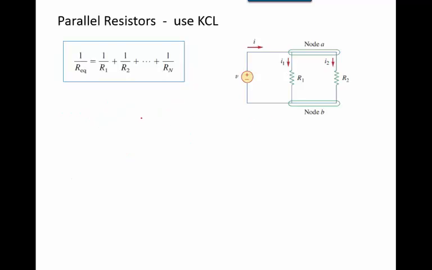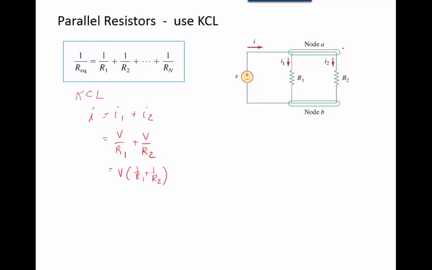Resistors in parallel obey this equation. It's a result of KCL. Surprise, surprise. So here the book nicely put the voltage source on there. So there's one total I going out, I1, I2. So I say I equals I1 plus I2, which equals V over R1 plus V over R2, which equals V times 1 over R1 plus 1 over R2.